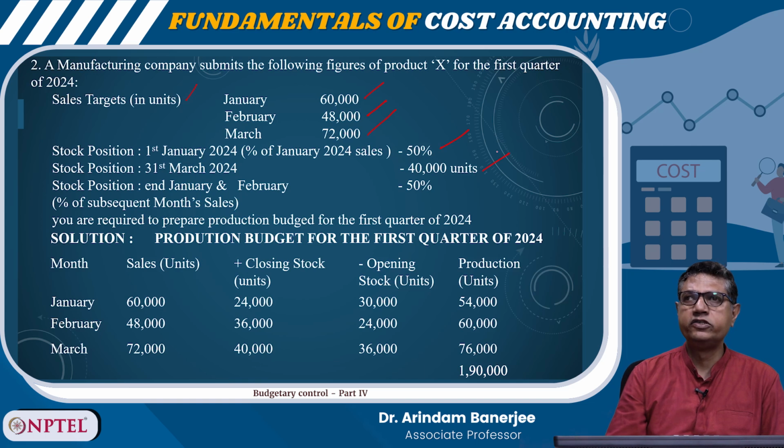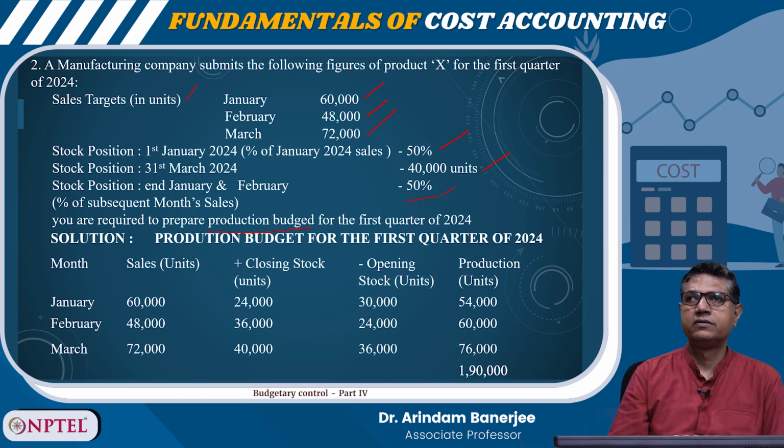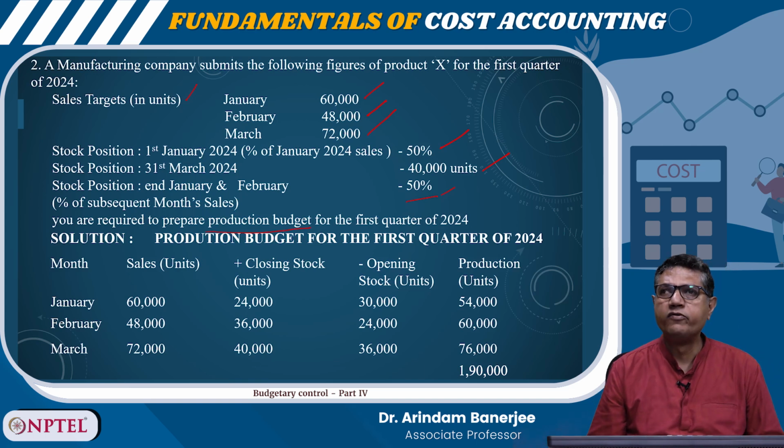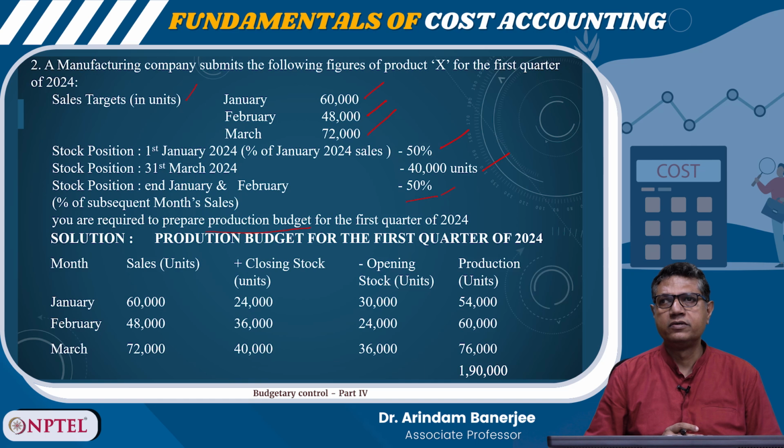Stock position in January and February: again 50% of subsequent months' sales. So, you need to prepare the production budget for the first quarter of 2024.